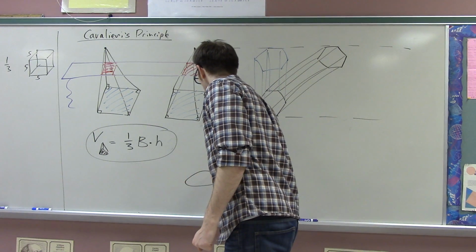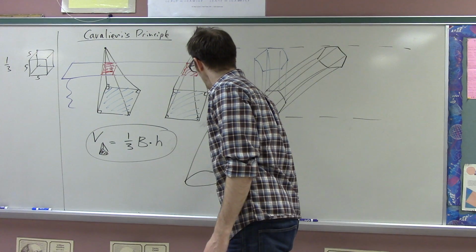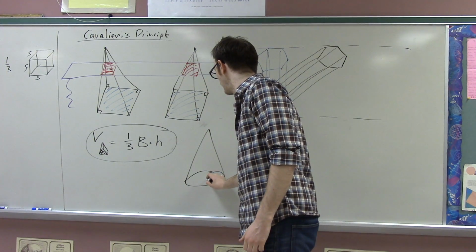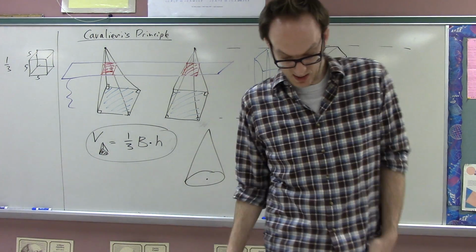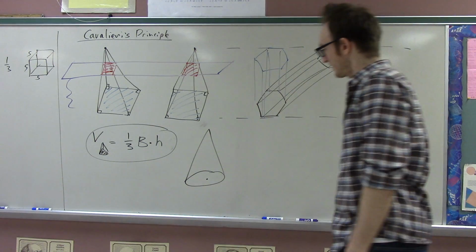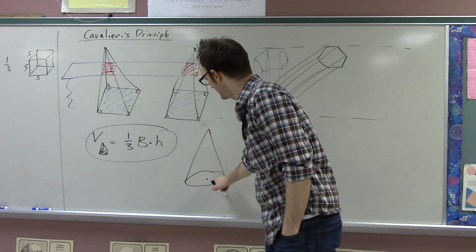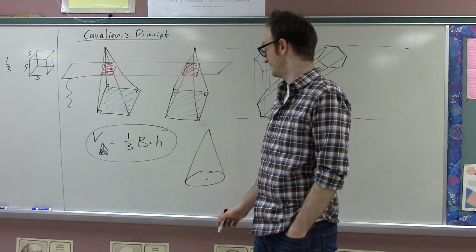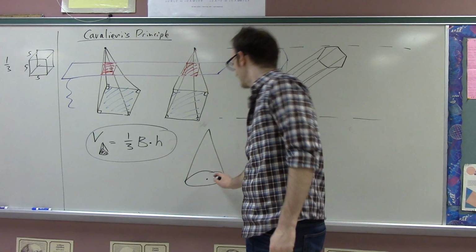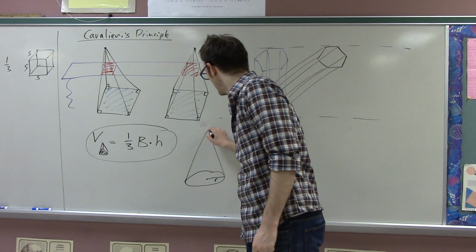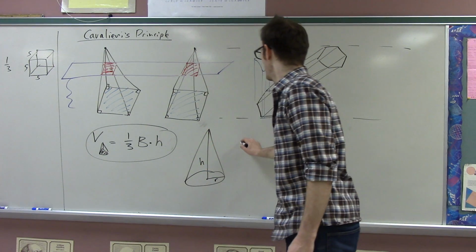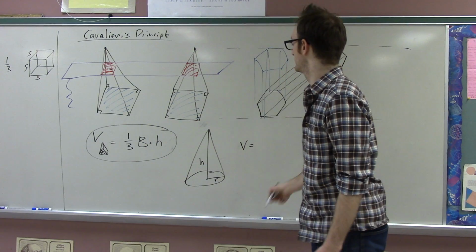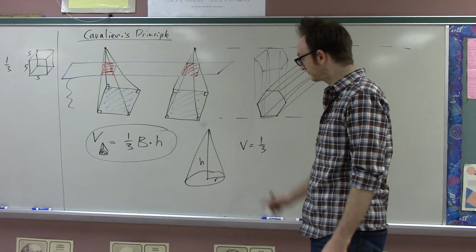is if you take the volume of a cone, well, what is a cone? A cone is just a pyramid whose base is a circle. It's a sort of infinite-gonal pyramid. Well, this is R and this is H. If I would like to find the volume of this thing, it's the same formula.